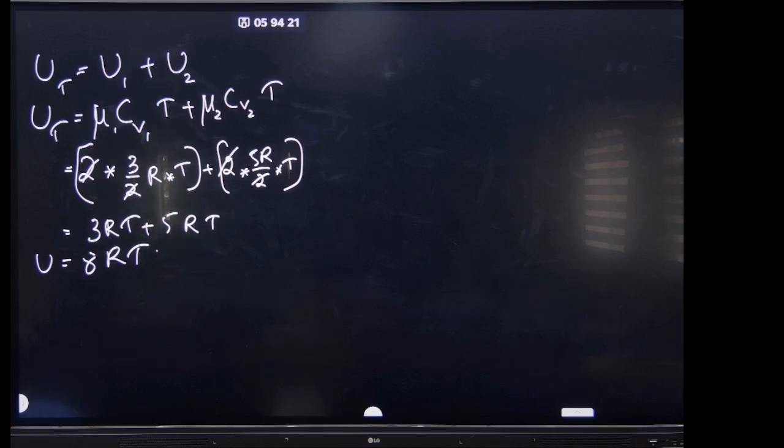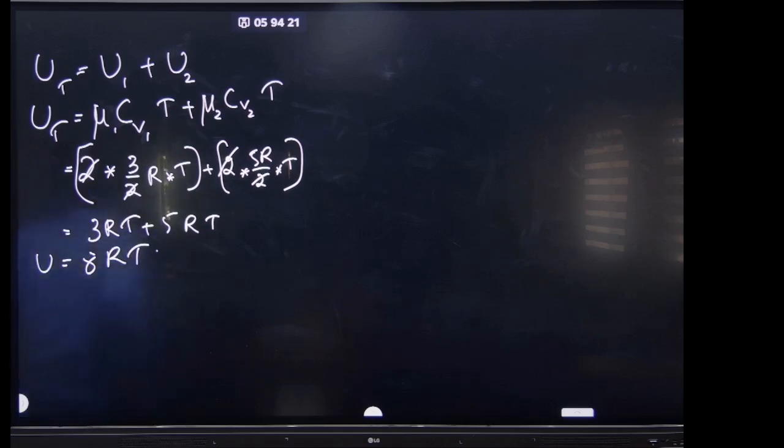The y-axis is alpha V, and the x-axis is T. Option 2: the y-axis is alpha V, the x-axis is 1 by T. Option 3: the y-axis is alpha V, the x-axis is 1 by T. Option 4: the y-axis is alpha V, and the x-axis is T.